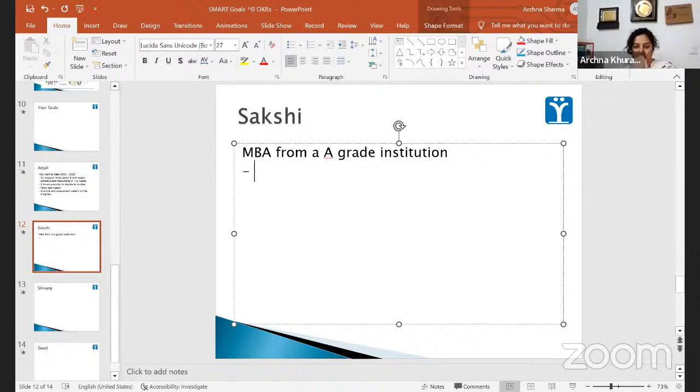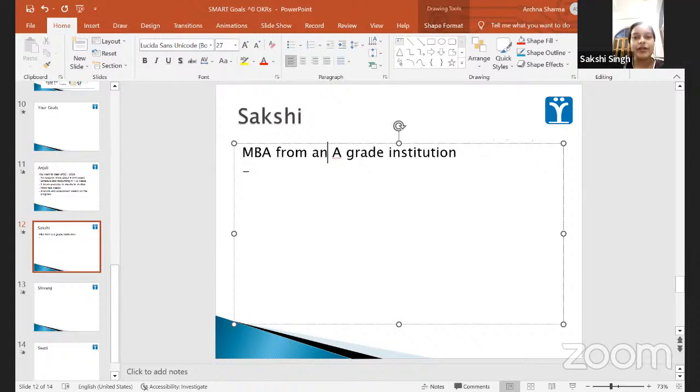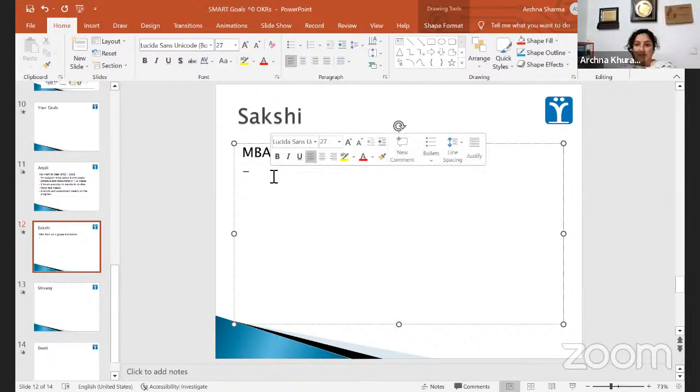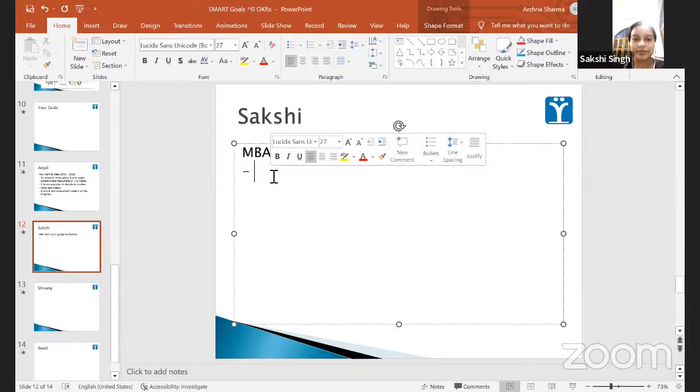Yeah. So what are you going to do about it? So now first I have to clear CAT with a good percentile within the 6 months. You want to give CAT examination, right? Yes, ma'am. तो CAT तो है ही सब ए ग्रेड के लिए.